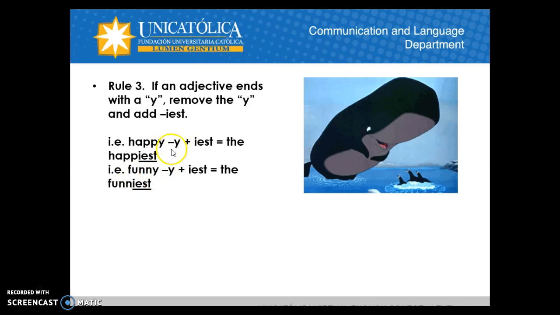Happy, remove Y, so the result is happiest. Funny, funniest. So we need to put the article: the happiest, the funniest. Okay? According to the picture, the wall is the heaviest.